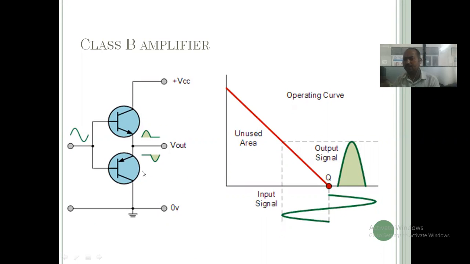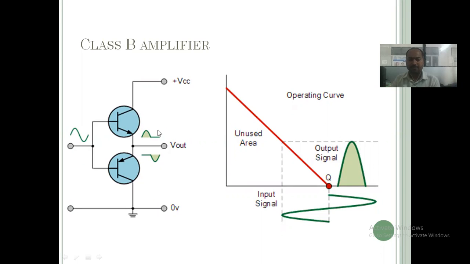We bias the transistors in such a way that the upper transistor works in the positive half cycle and the lower transistor works in the negative half cycle. When the AC signal is applied to the amplifier, during the first positive half cycle the upper transistor is turned on. It takes the input and amplifies it, so we get the amplified output across its output.